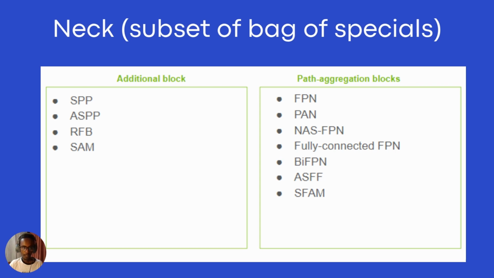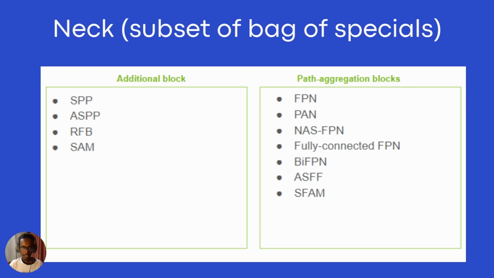Next was a subset of the bag of specials that they introduced on the neck part of the network. So they tried some additional blocks like the SPP, ASPP, RFB, and SAM, a spatial attention module. And on the path aggregation blocks, they tried FPN and PAN.